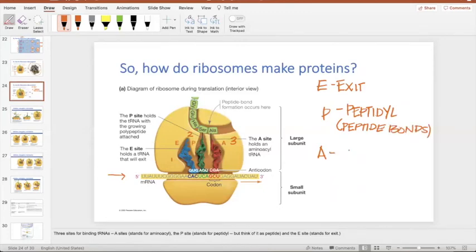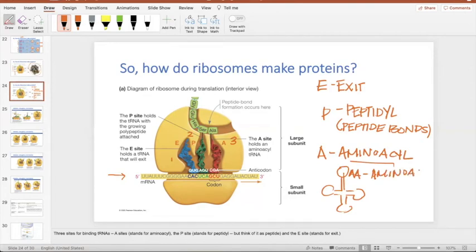And then the last one, the A stands for aminoacyl. Now, where does that come from? Well, it turns out that when you have a tRNA, here's our little tRNA right here. When you have a tRNA that has an amino acid attached to it, the formal name for that is an aminoacyl tRNA, okay?